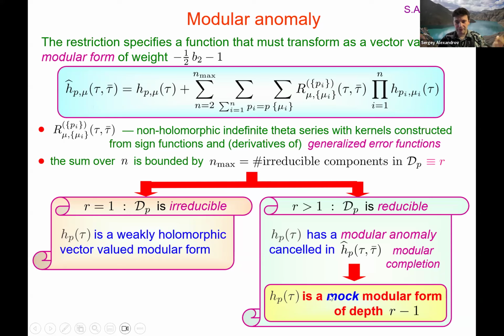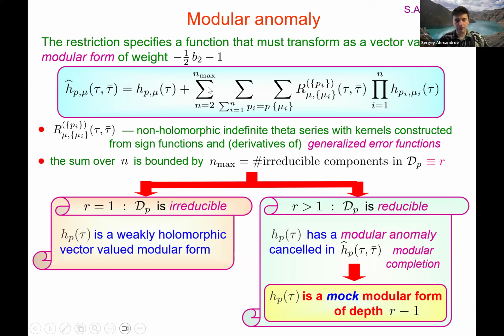You cannot do many things with the name, but what is more important, we have this equation which describes the precise modular properties of my generating functions. And actually, I can view this even as an equation on the generating functions, which allows one to fix these functions up to certain ambiguity from the knowledge of this anomalous term.